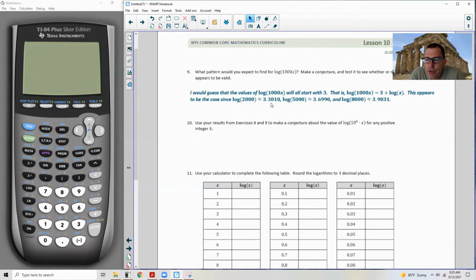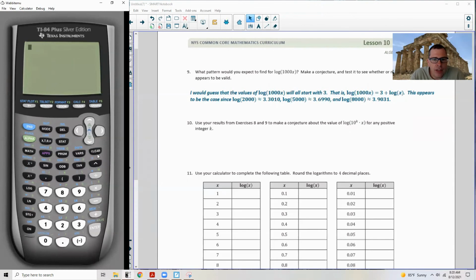That is, the log of 1000x would be 3 plus the log of x. This appears to be the case since log of 2000 equals 3.3010, log of 5000 is approximately 3.6990, and log of 8000 is approximately 3.9031.